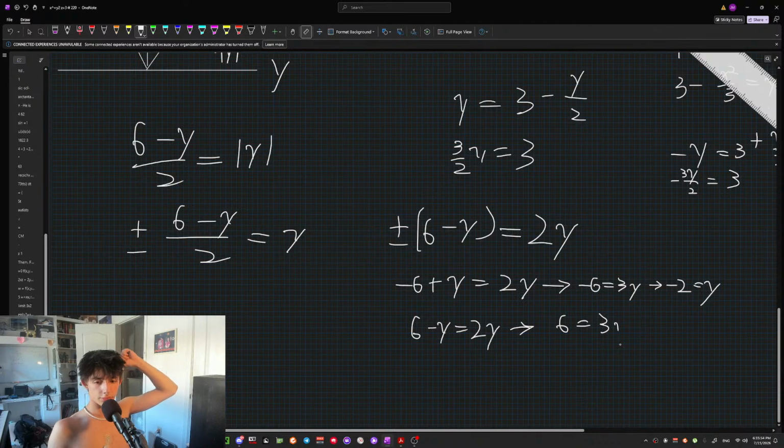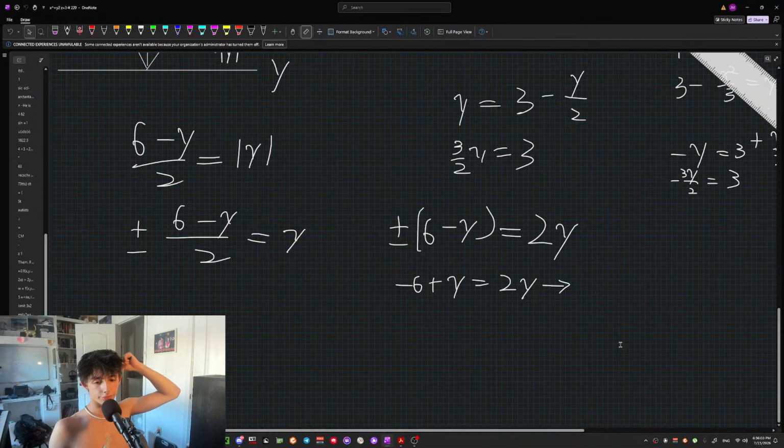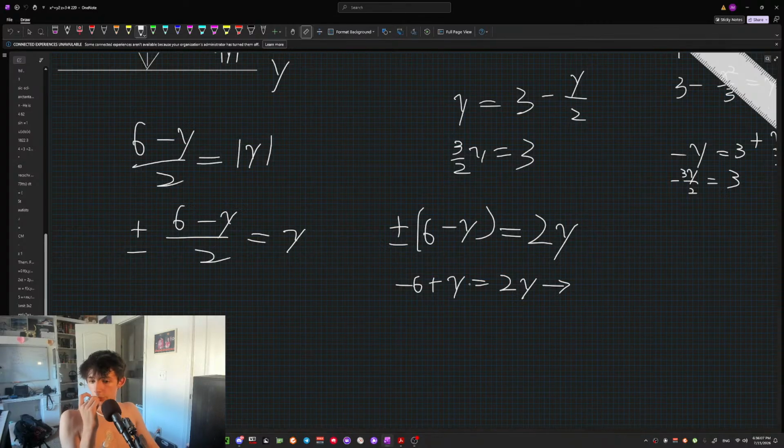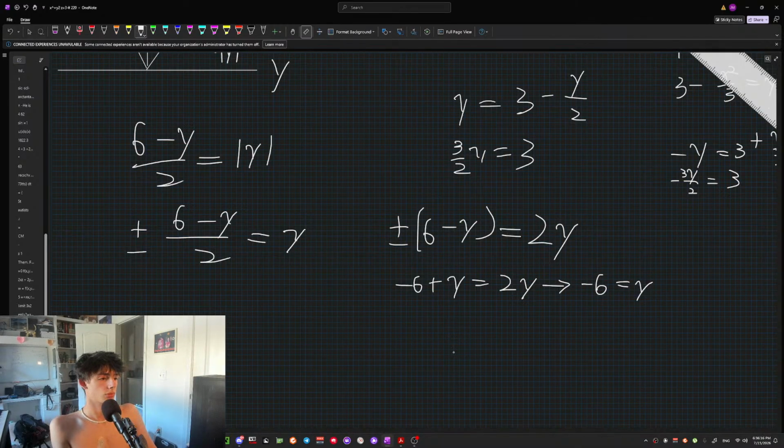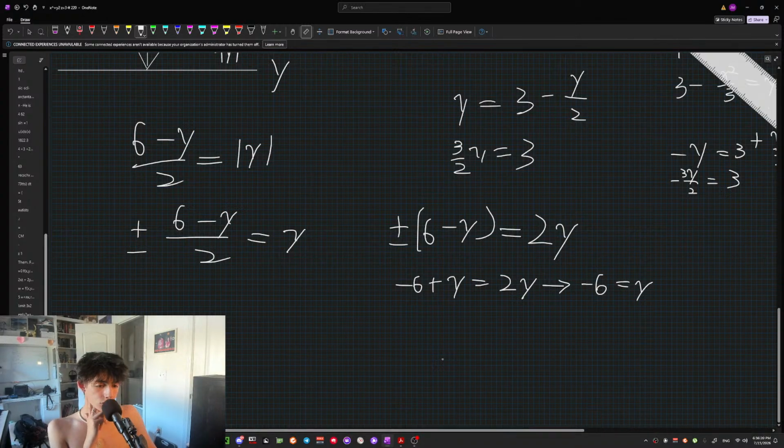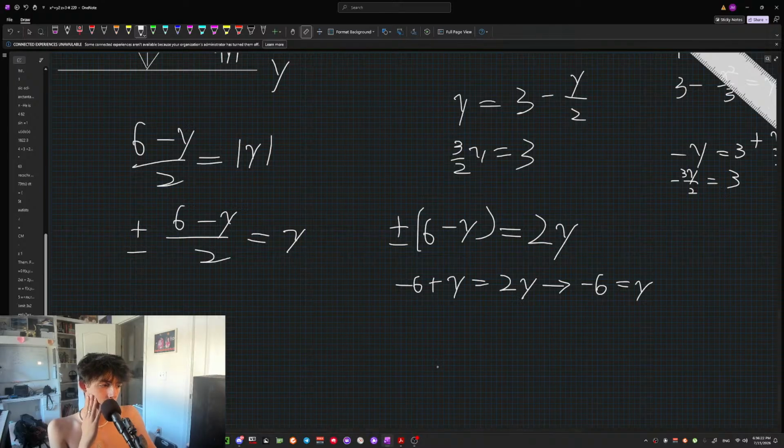What? 6 plus y. Oh, forgot to subtract. So negative 6 equals y. And then what's the other one? Dude, fuck.